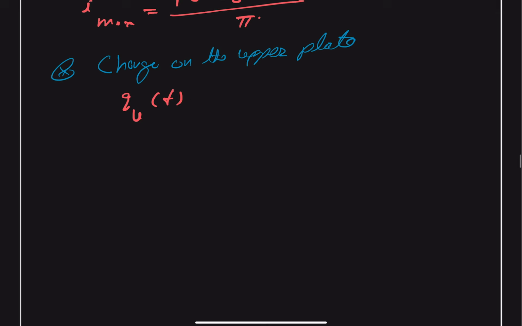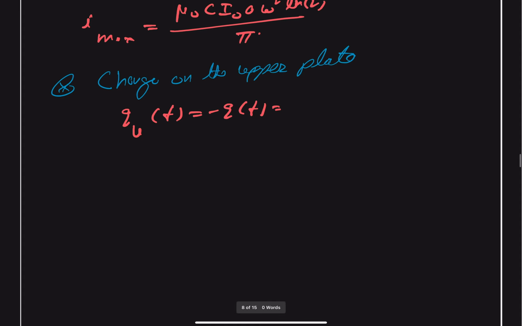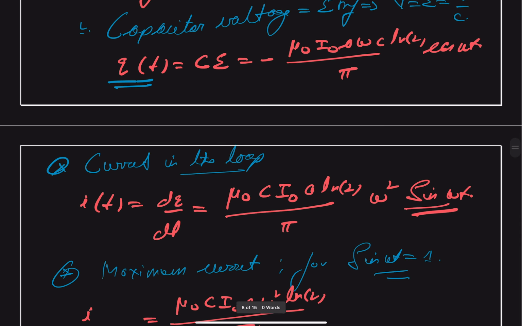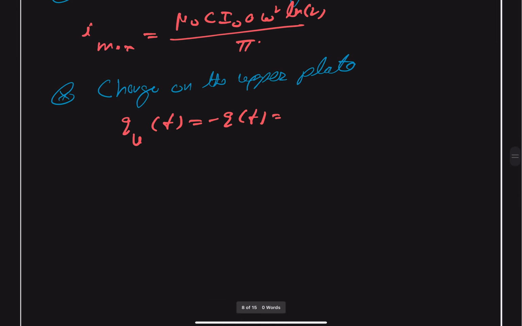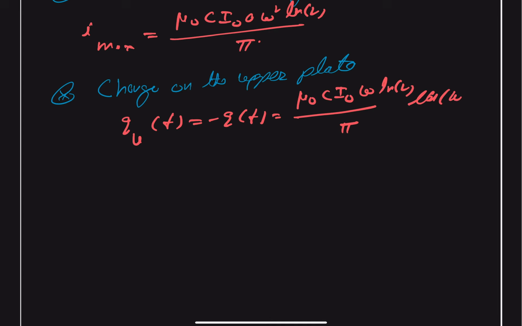For time t it will be equal to minus of the Q of t, and Q of t we just found out is this, so this will be coming as minus of Q of t. So it comes as mu naught C I naught omega natural log of 2 divided by pi, and here we have cos of omega t.